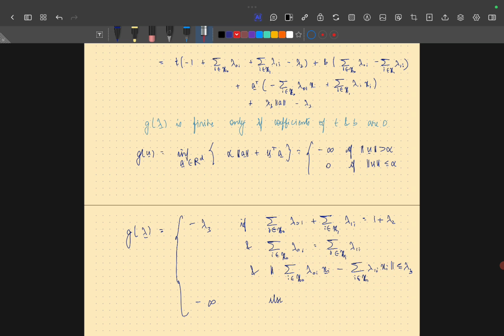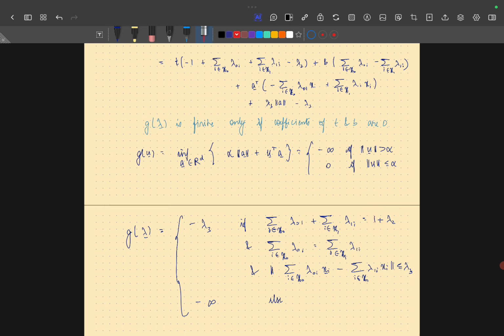But if I combine with these, what do I get? Remember that the sum of the lambda 0 i's should be equal to the sum of the lambda 1 i's. And the sum of the lambda 0 i's and the sum of the lambda 1 i's put together should be 1 plus lambda 2.